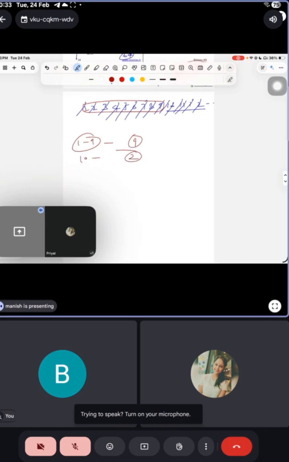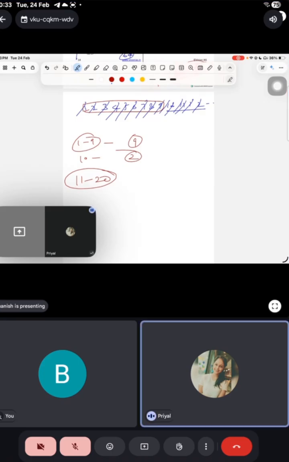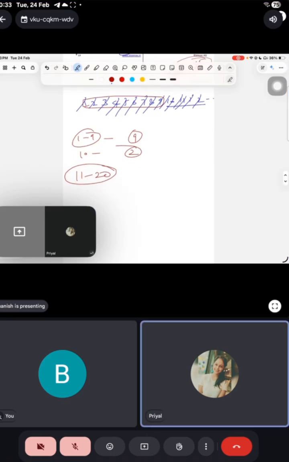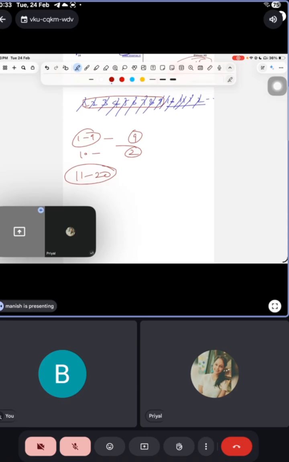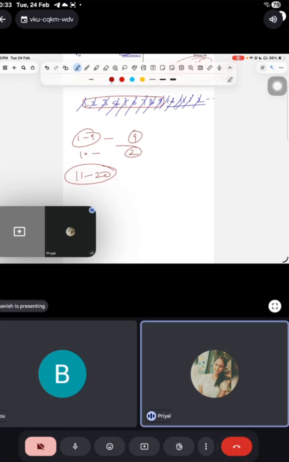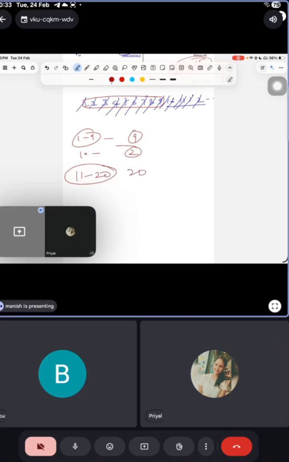Then from 11 to 20, how many digits will be there? 20 digits.